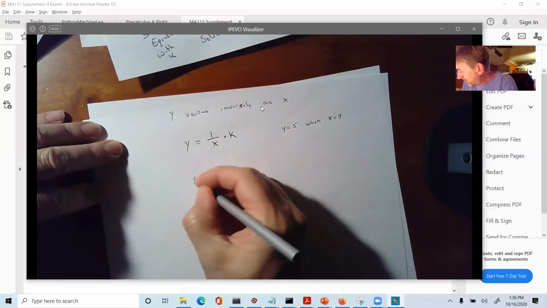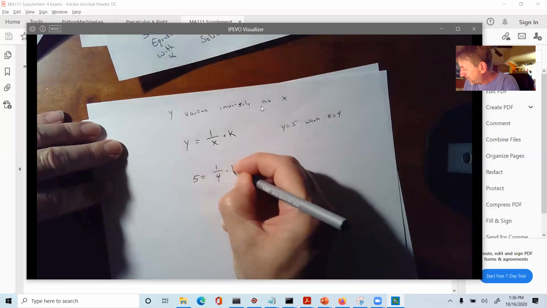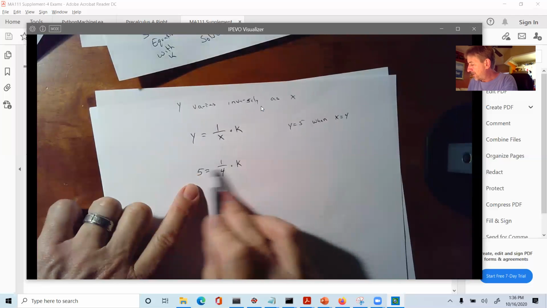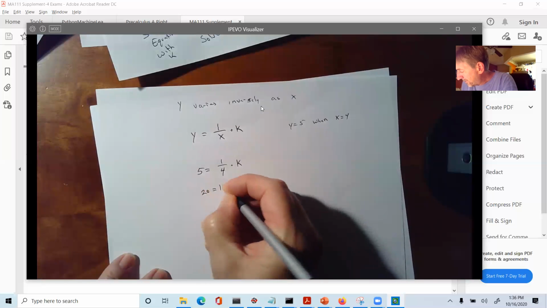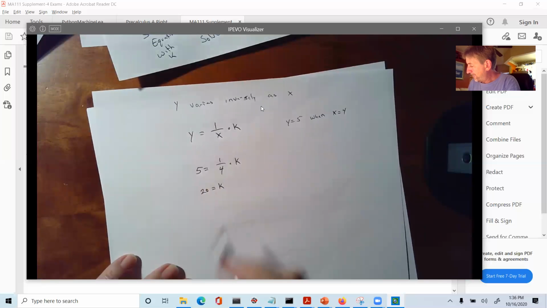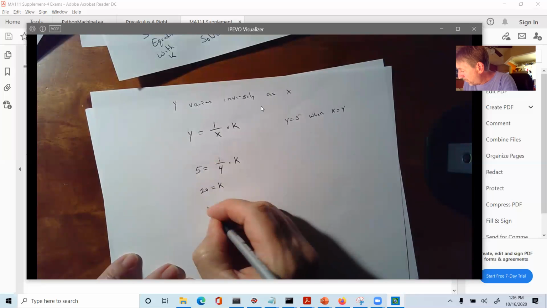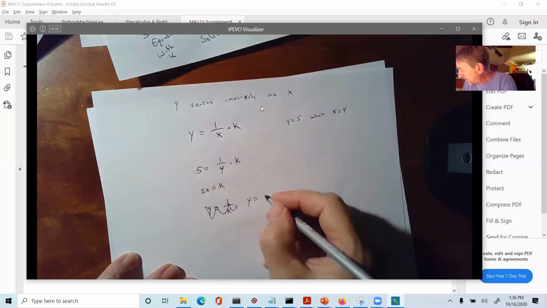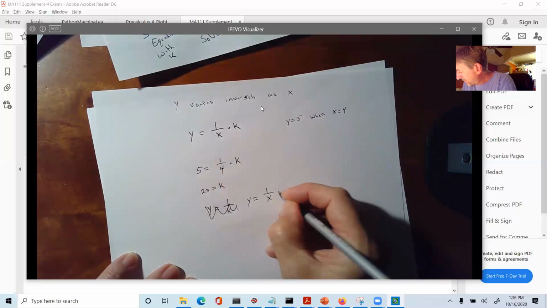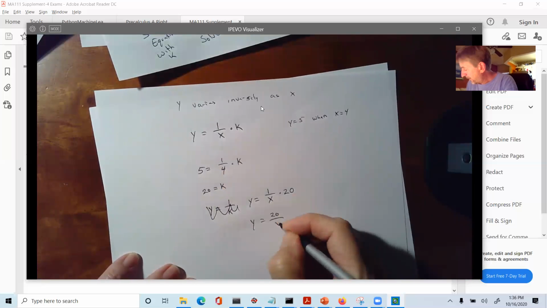The only thing we don't know is k. Multiply both sides by 4 to get rid of this. So 4 times 5 is 20. That's equal to my k. And then I can plug that in. What's my final equation? It's 1 over x times 20, or y equals 20 over x.